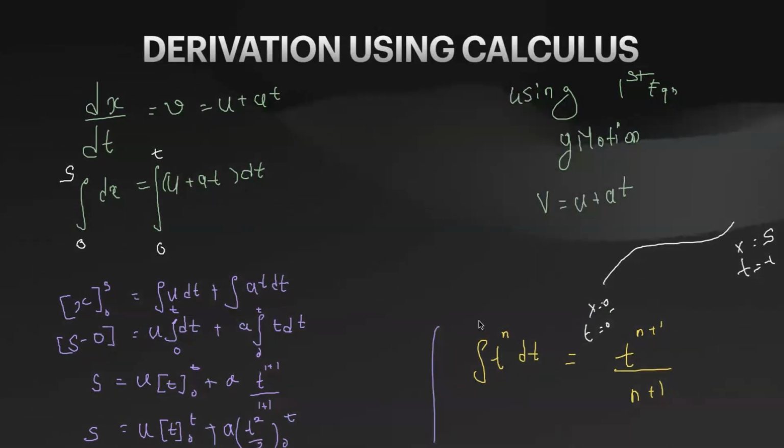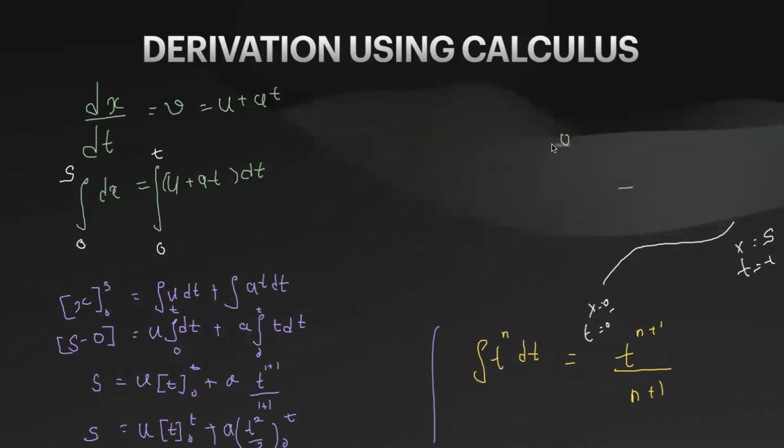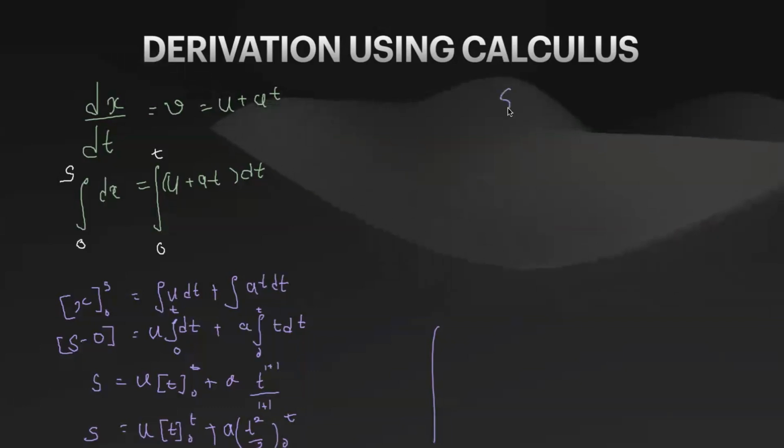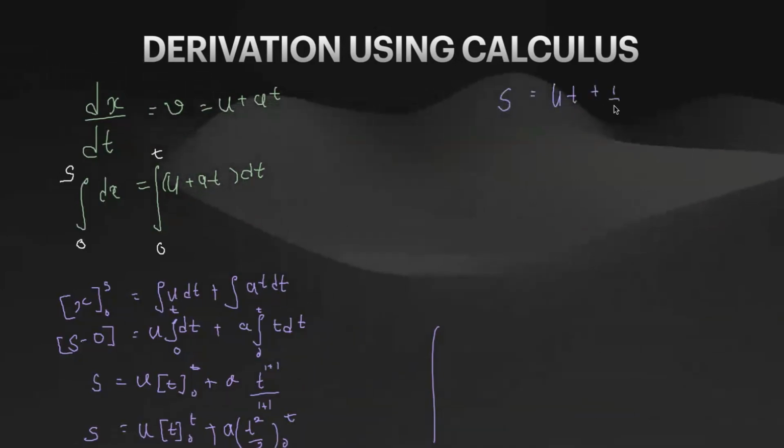What will I get? s is equal to ut plus half at square.